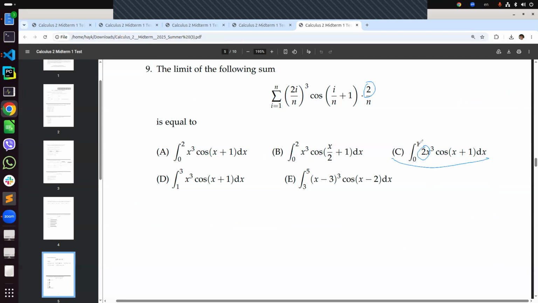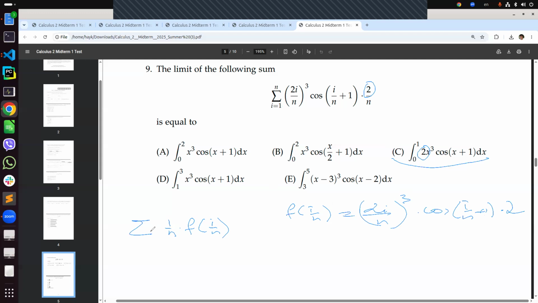If we have the interval from 0 to 1, then the Riemann sum is just 1 over n times f of i over n. And in this case, f of i over n is 2i over n cubed times cosine of i over n plus 1 times 2. This is f of i over n.